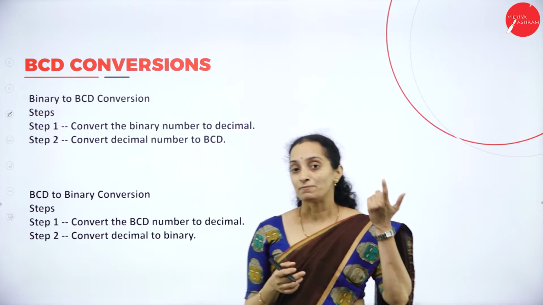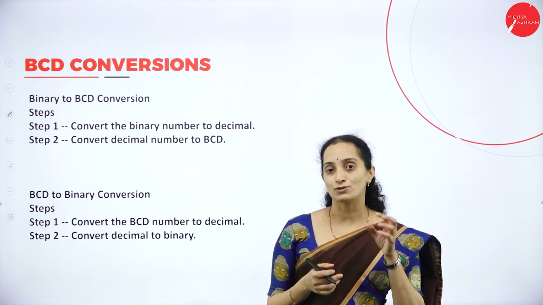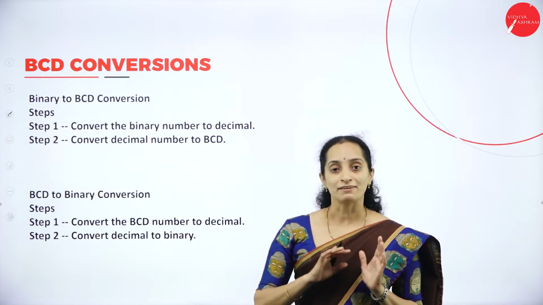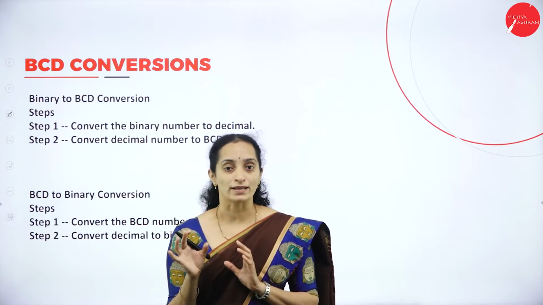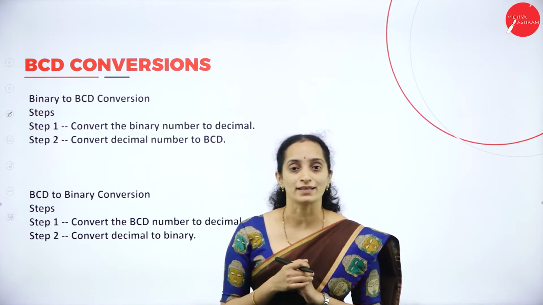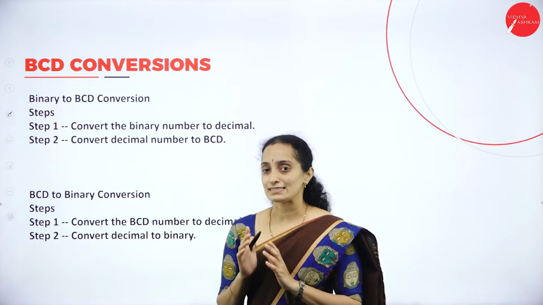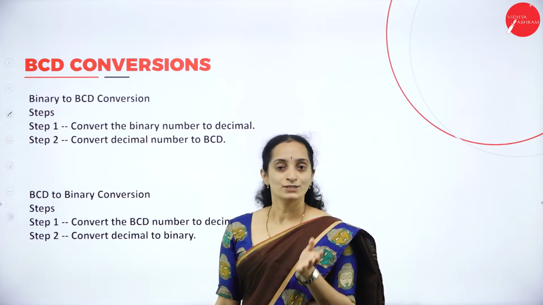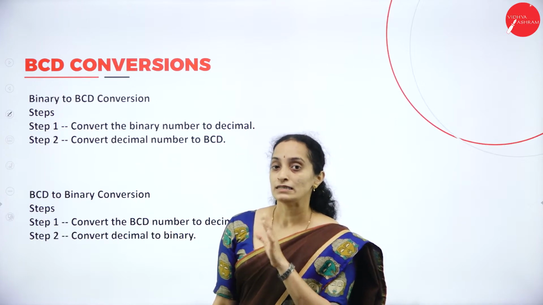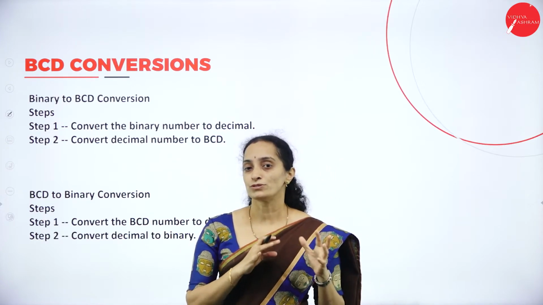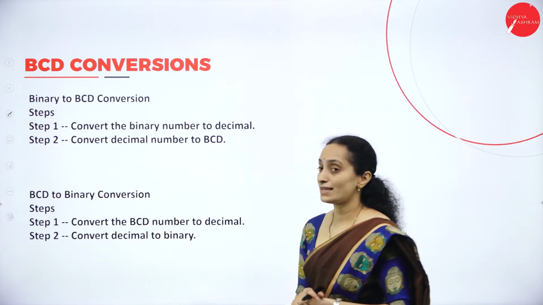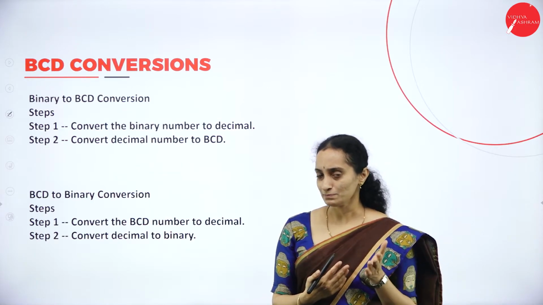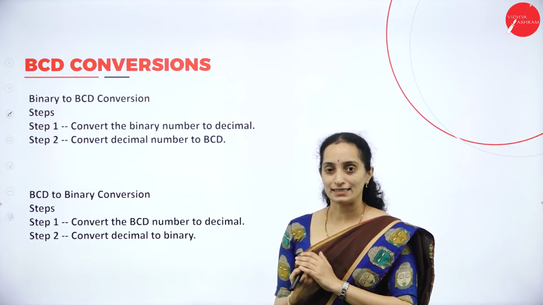But while processing, the processor will use the normal binary representation. That means, like we convert from decimal to binary or from octal to binary, we have the necessity of converting a data in binary to BCD form, or data in BCD form to the binary, or there is a necessity of changing the decimal form to the BCD.